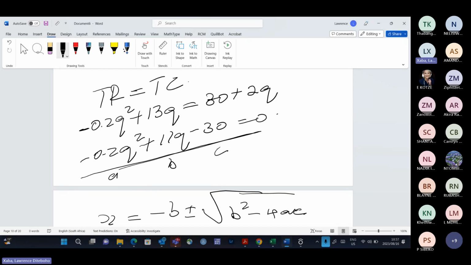Just a minute, I want to check something. 2.9 close brackets or 2 plus 7 open brackets when it's plus minus 80.